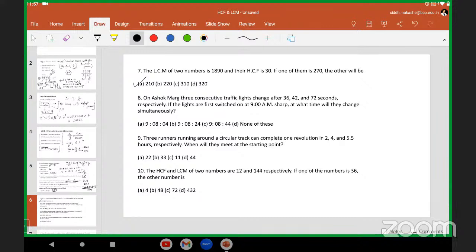Again, take out the LCM in seconds and convert it into minutes.